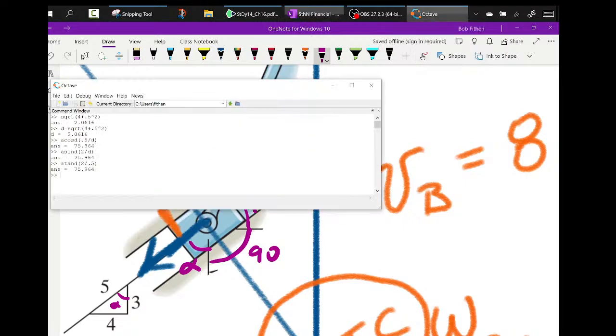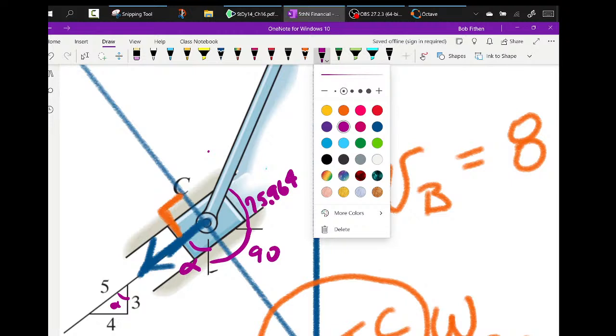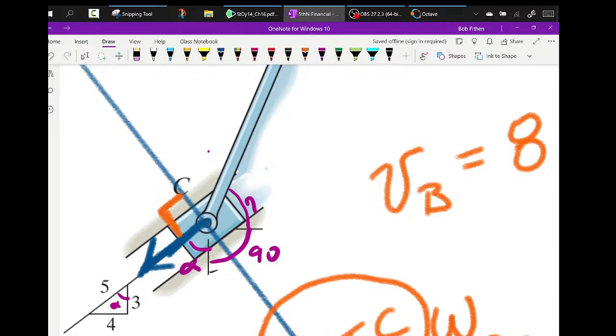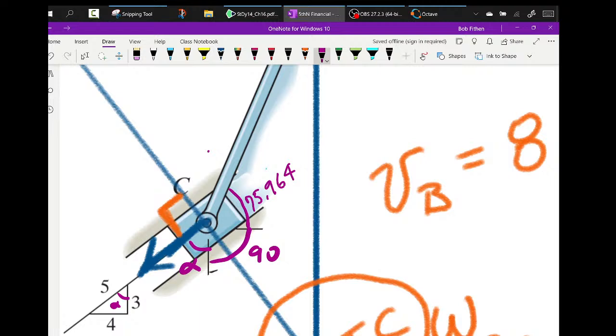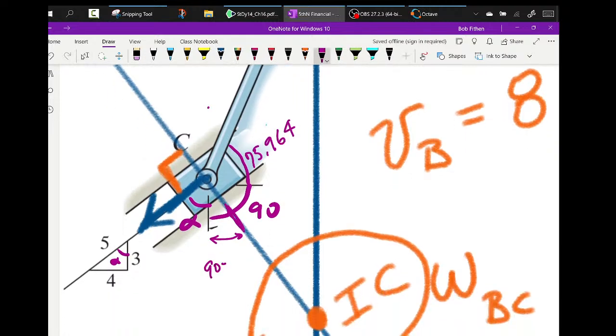And 964. That didn't really get you anywhere. In that, you need to know this, which, believe it or not, is nothing more than 90 minus alpha.